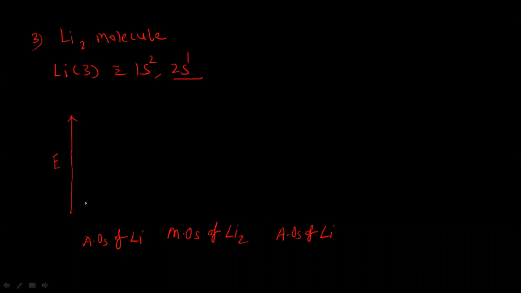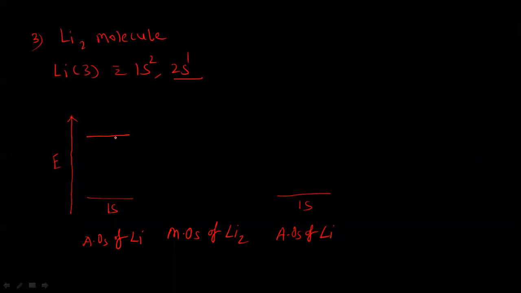So see here the 1s atomic orbital of lithium and the 1s atomic orbital of lithium. Now let us represent 2s, which has the higher energy. This is 2s. Similarly here, the 2s atomic orbital of lithium. Now as the 1s atomic orbital is not part of the valence shell, therefore it is not involved in the bonding.